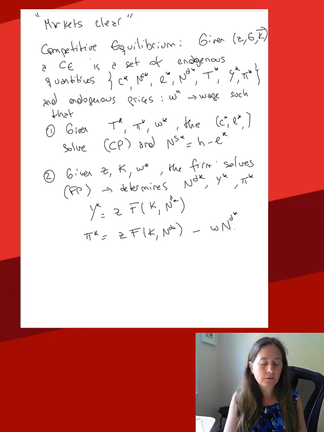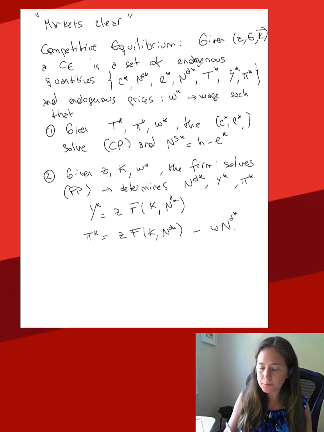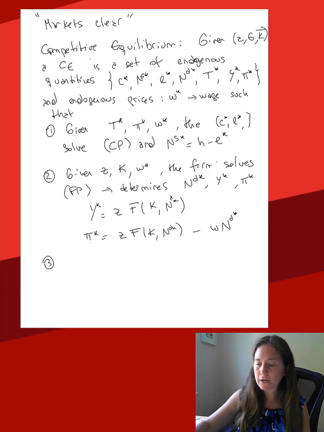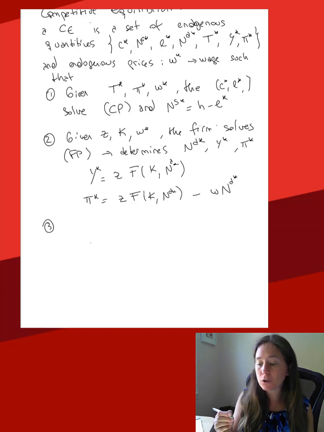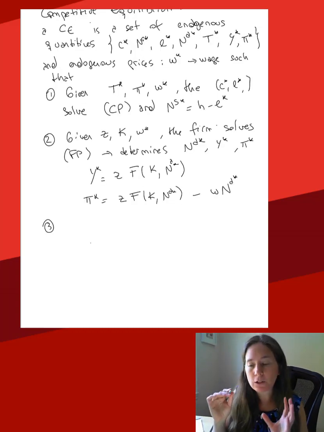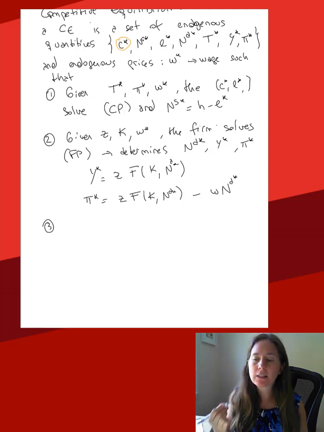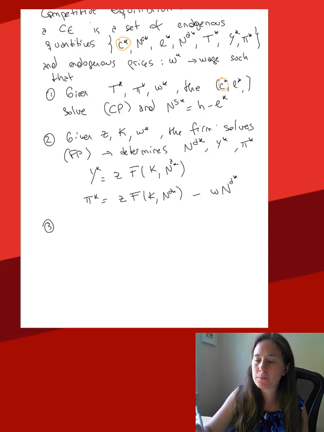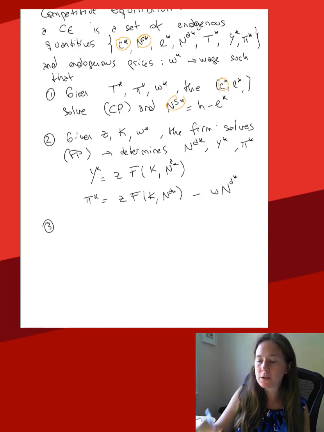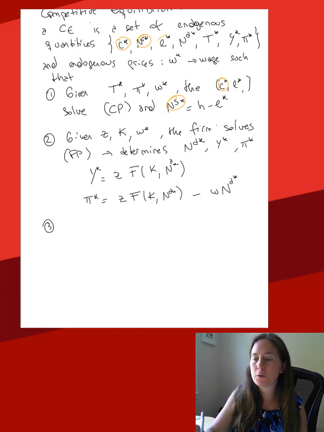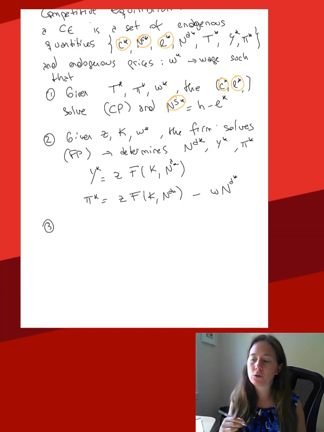And finally, we have the other equilibrium condition. So what do we need to determine? So let me just put some colors. We said how C star is determined, from the consumer problem. We talked about how the supply of labor is solved from the consumer problem and the optimal amount of leisure.